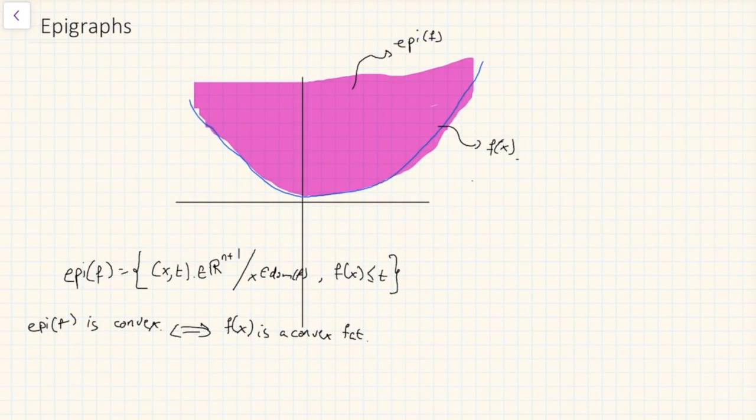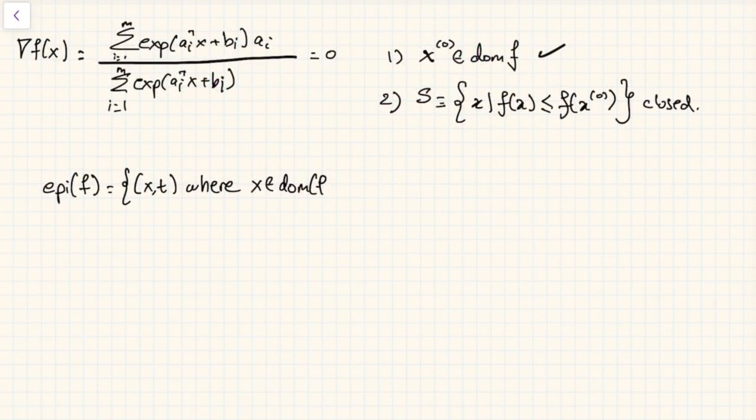The epigraph of f is defined by all those couples (x, t) such that x of course falls in the domain of f, but f(x) is less than t. So it's all this region that you see in purple. This should be closed. I'm just rewriting the definition of the epigraph. So if you can ensure that the epigraph is closed, that is, all the sublevel sets are closed, you can be sure that your S, which is one instance of a sublevel set, is indeed closed.